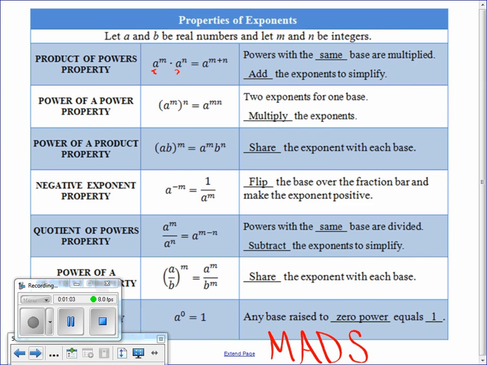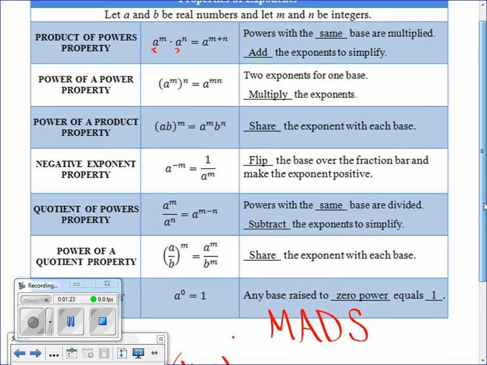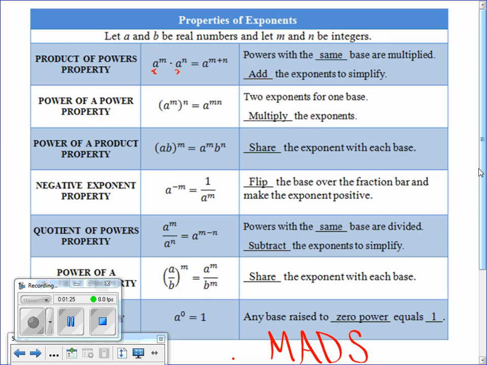Power of a power property. If you think back, if I would give you 3 times x plus 2, what would you do? You would distribute. What operation is distributing? You're multiplying, right? You would do 3 times x and 3 times 2. So that same idea, when you have a number outside of a parenthesis, it's distributed inside. This one talks about more than one thing.